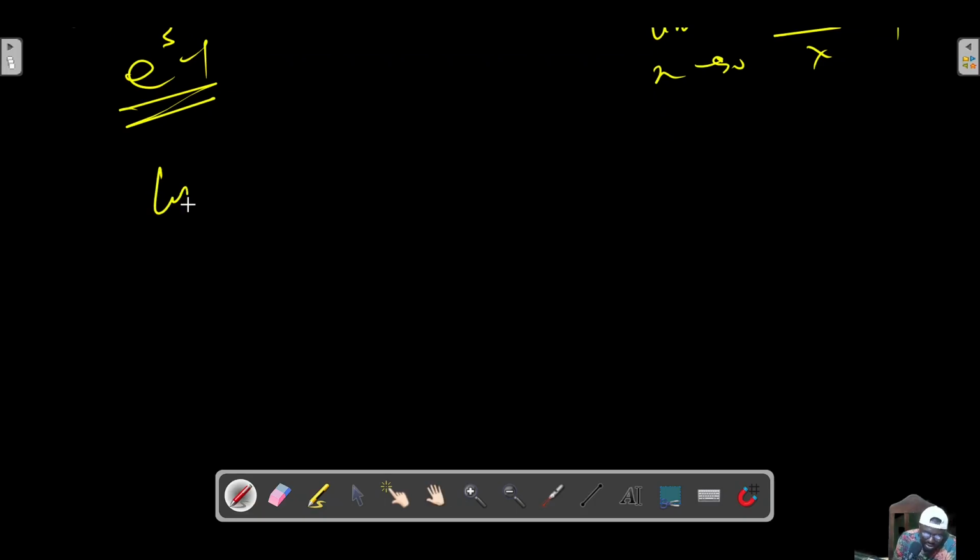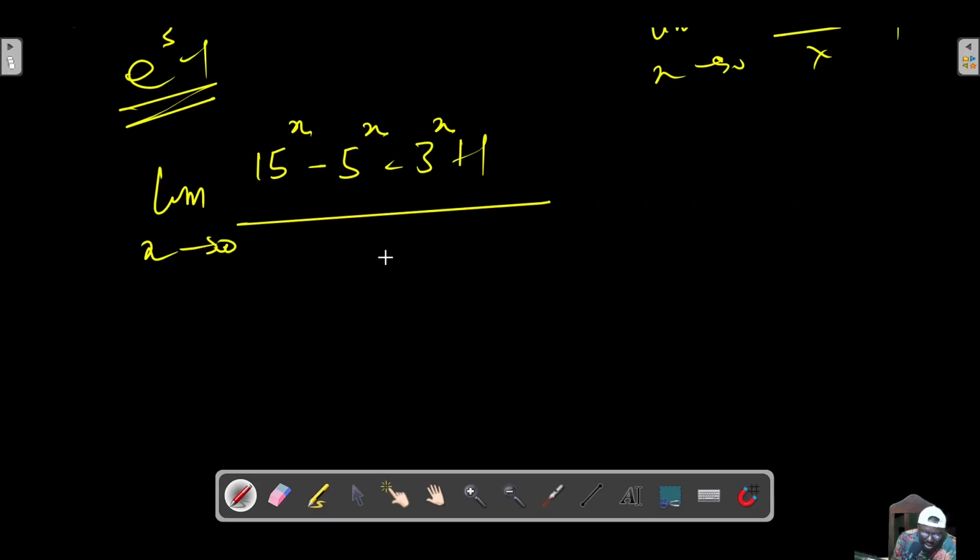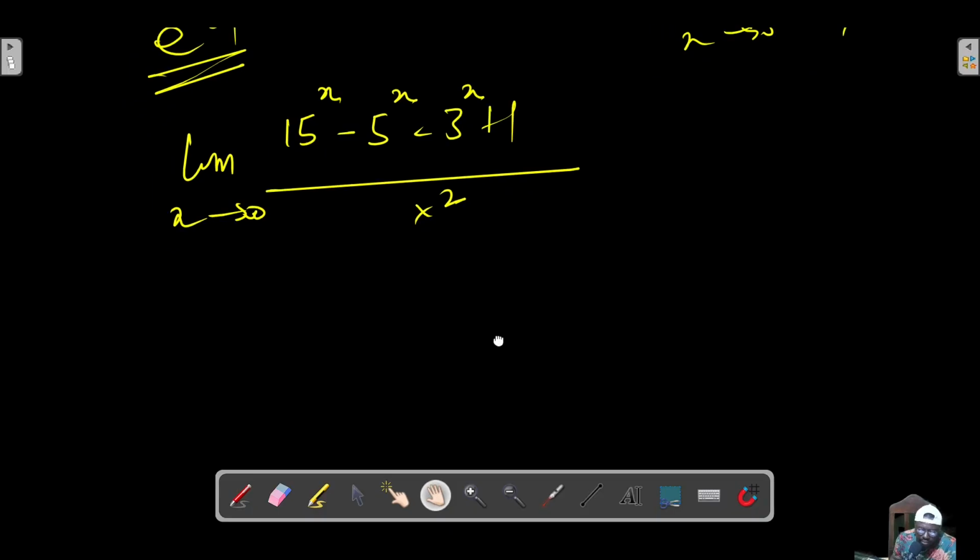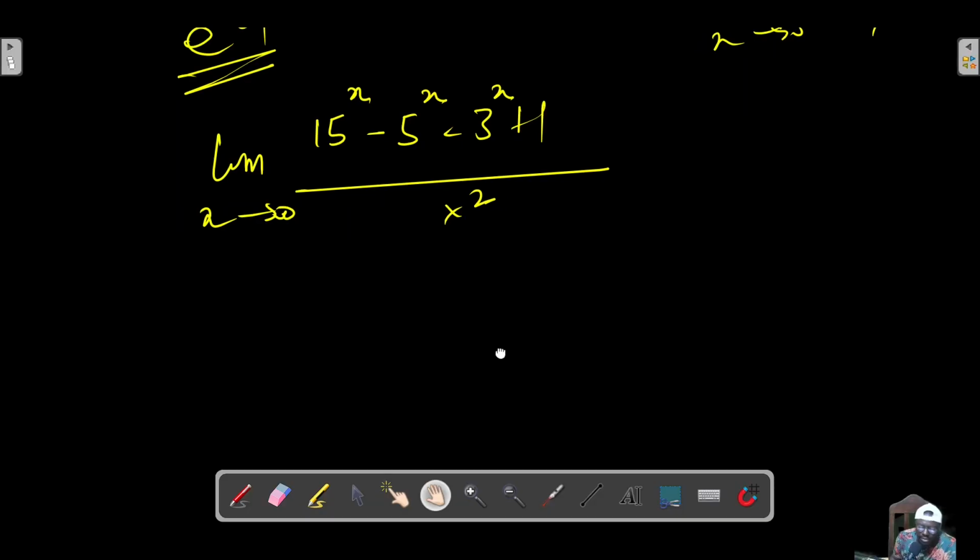The limit as x approaches 0 of 15 raised to the power x minus 5 raised to the power x minus 3 raised to the power x plus 1, divided by x squared. Now this is also very simple.